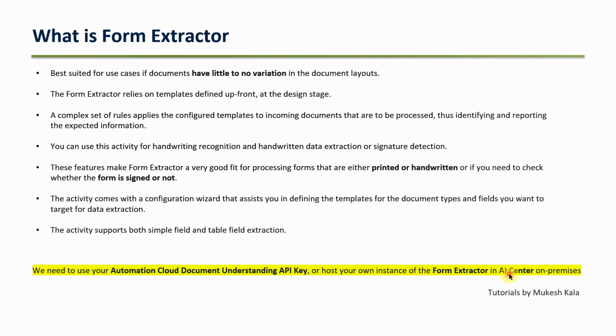In case you are not on the cloud and you are on-prem, then you have to use the form extractor which is deployed on the AI Center on-prem, right? So AI Center on-prem is a service where you host the document understanding models, and this is strictly restricted to the on-premises. You have the AI Center in the cloud as well.